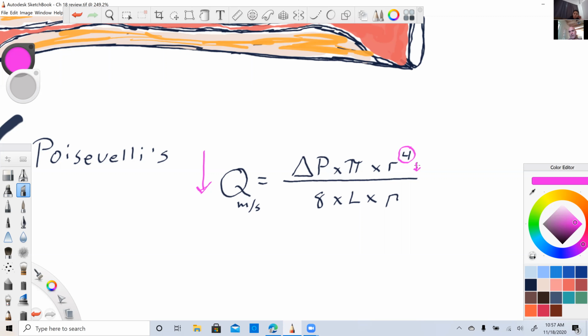So a small arrow over here for radius going down. Volume flow, I'm sorry, Q is Poiseuille's equation, Q stands for volume flow. I forgot to tell you that, if you don't remember from months ago. So that's the big thing there.